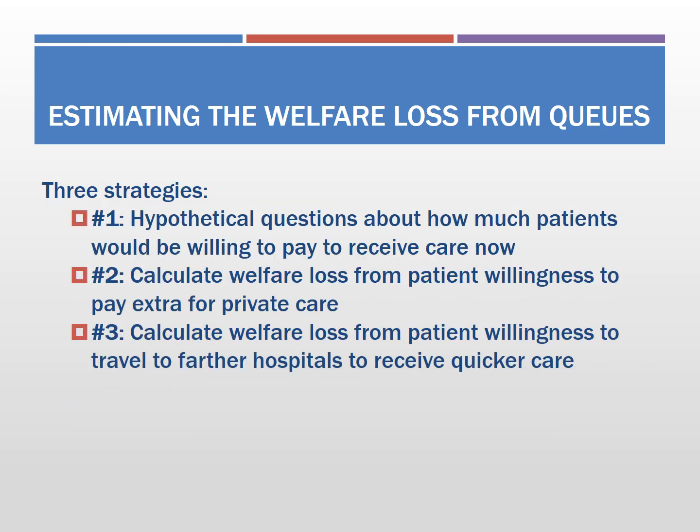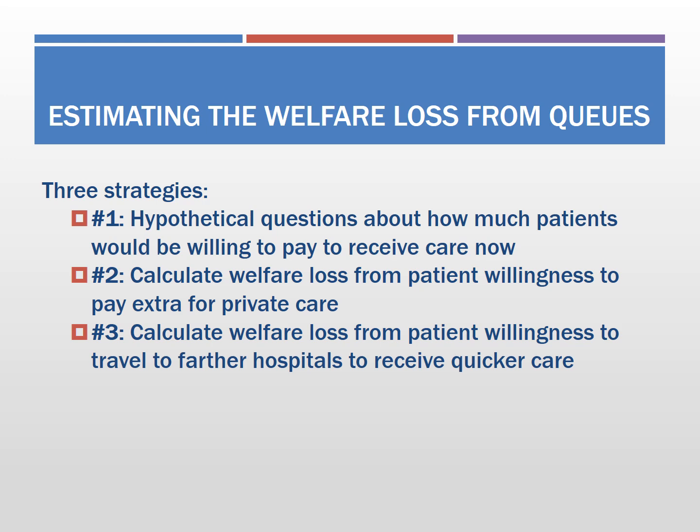If we really want to capture or calculate the social welfare loss from the queues as presented in the previous slides, there are three main strategies that have been introduced for estimation.